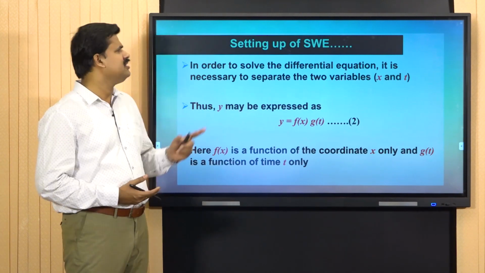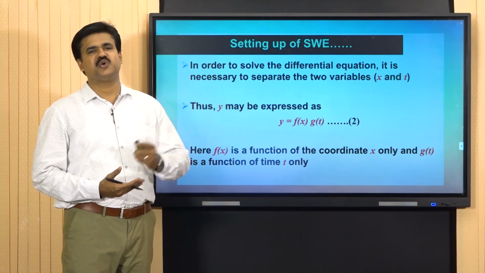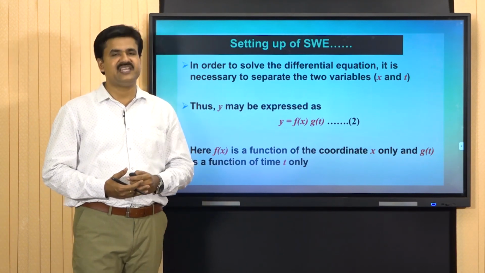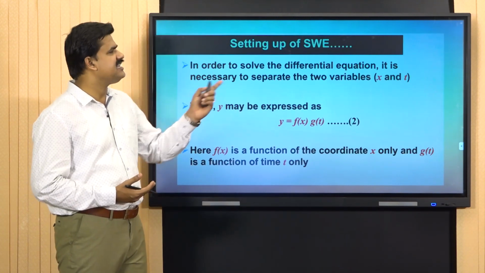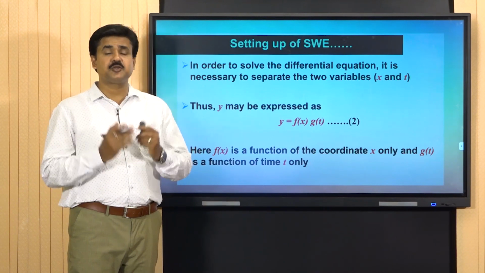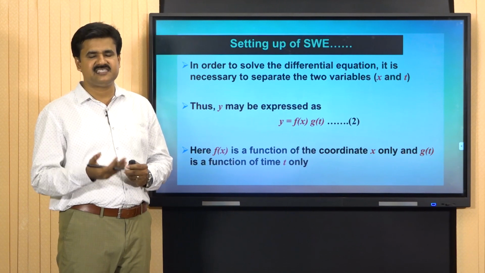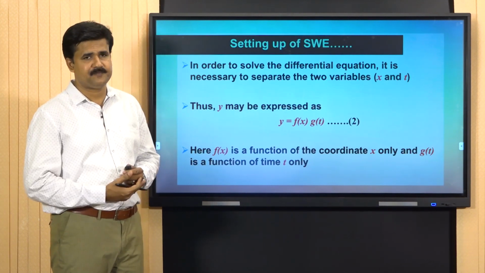In order to solve the differential equation that I showed earlier, it is necessary to separate the two variables present in that equation. That is, the two variables are x and t. As a first part, we have to separate the variables x and t to solve the equation describing the wave motion.